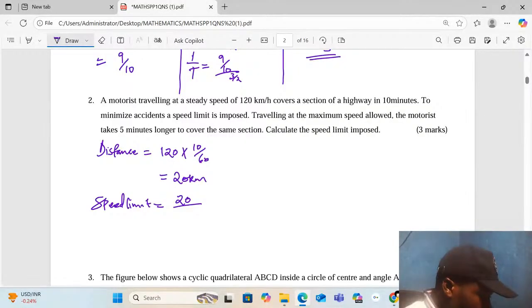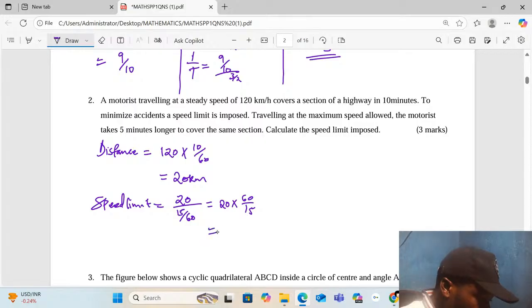Now time that is going to be used, taking 5 minutes longer, that means initially he had used 10 minutes. That means he's going to take 15 minutes. Now we convert to hours. It's 15 over 60. So we shall have 20 times now 60 over 15.